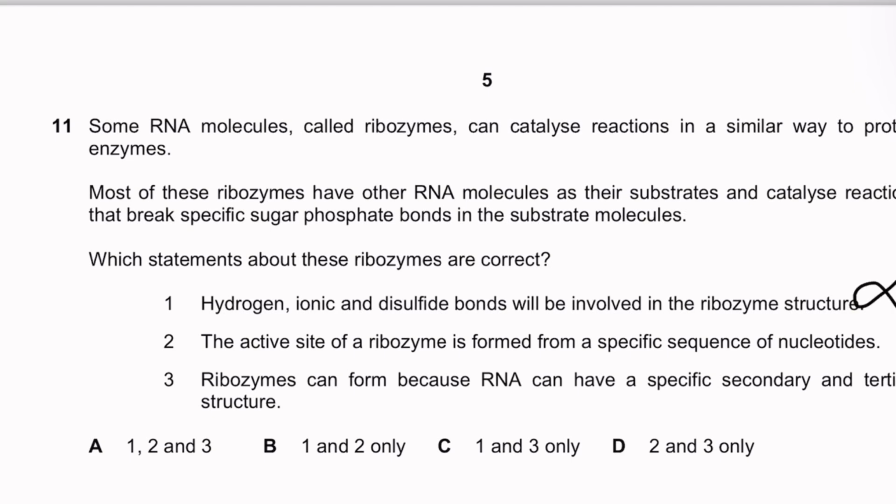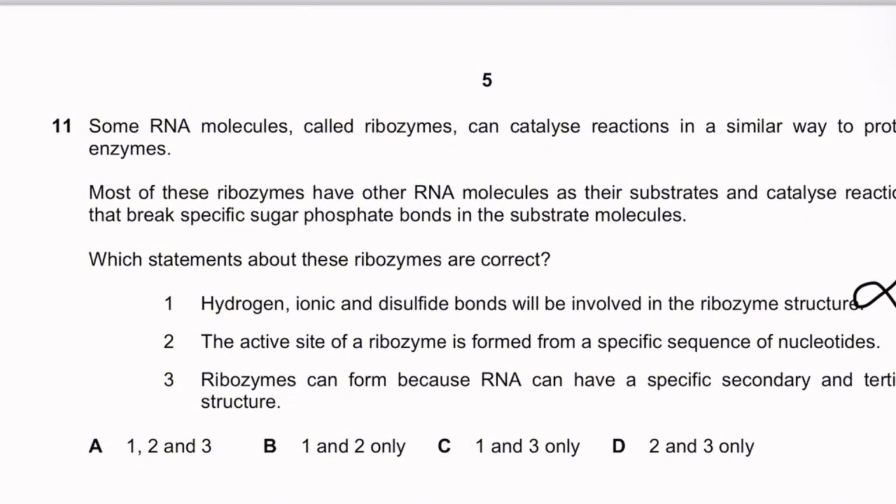The active site of a ribozyme is formed from a specific sequence of nucleotides. Yes, of course, just like any RNA molecule is formed from a sequence of nucleotides. Ribozymes can form because RNA can have a specific secondary and tertiary structure. I know it's a bit confusing because we've only heard of primary, secondary, and tertiary structures when it comes to proteins, but a bunch of molecules have primary, secondary, and tertiary structure.